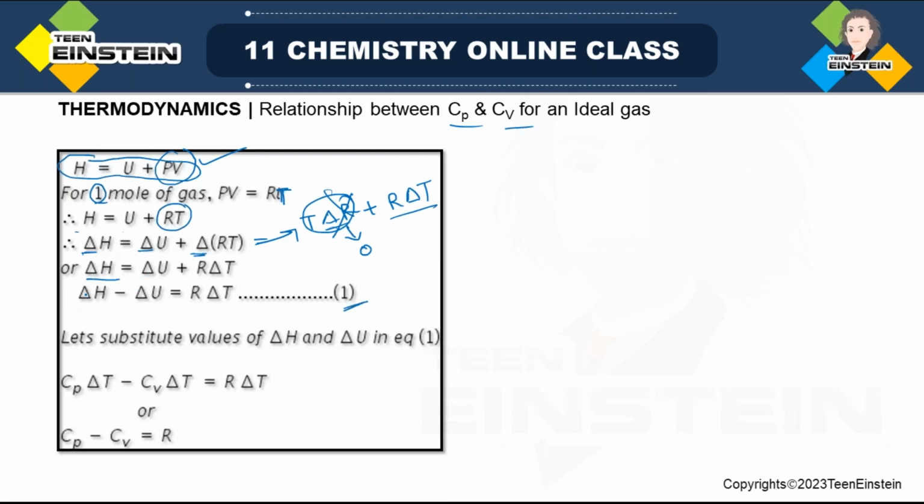But we have already seen that del H is equal to Cp del T and del U is equal to Cv del T for 1 mole of gas. That is already mentioned here.